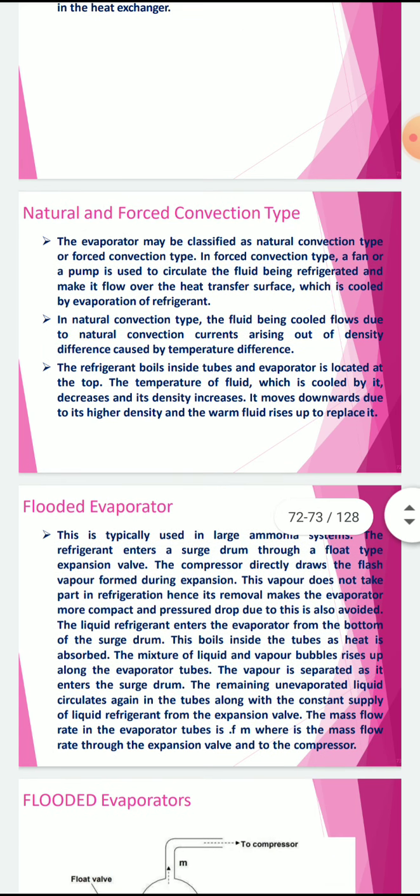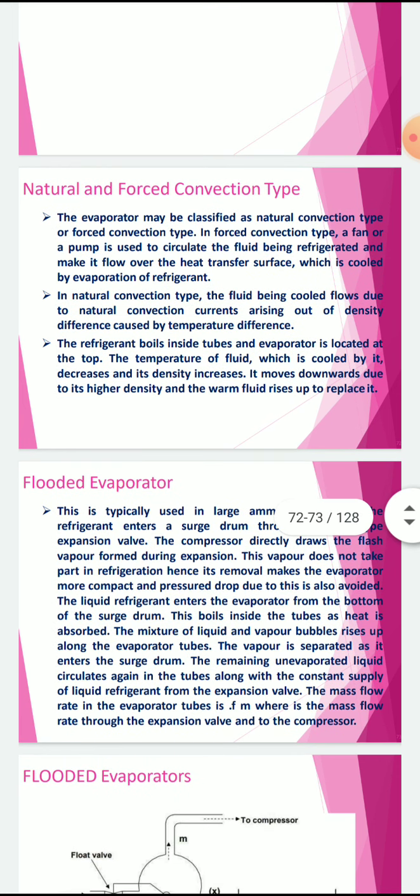In natural convection type, the fluid being cooled flows due to natural convection currents arising out of density difference caused by temperature difference. The refrigerant boils inside the tubes and evaporator is located at the top.